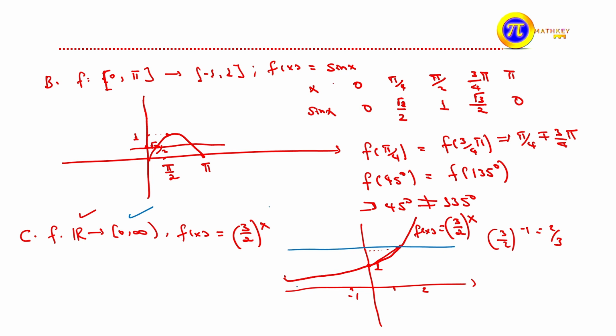It approaches 0, since 0 is the horizontal asymptote for this exponential function. Now 0 መሆን አይችልም, so 0 doesn't have any preimage. ማንኛውም value 0 የሚሰጠን ስለሌለ it is not onto, so we can say that it is not a 1 to 1 correspondence. ለምን? onto አይደለም. So C is also not the correct one.